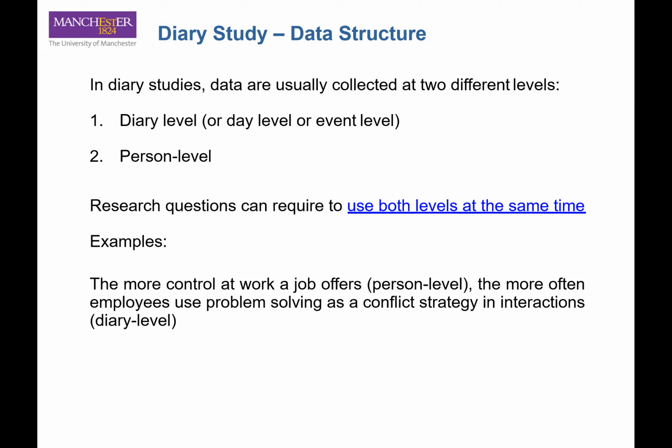At the same time, we also look at how different people use the strategies, as long as the more control at work, and that is the person level. So that's why we use both levels at the same time in this example.